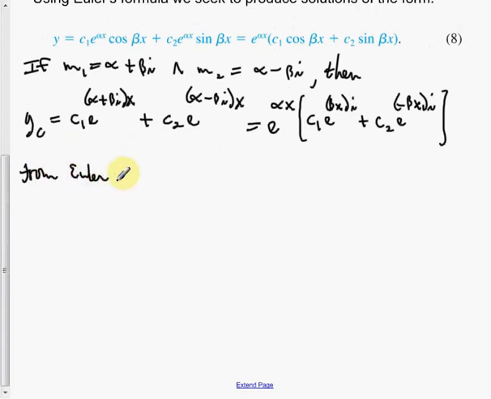So from Euler, we have e to the i theta is equal to cosine theta plus i sine theta.